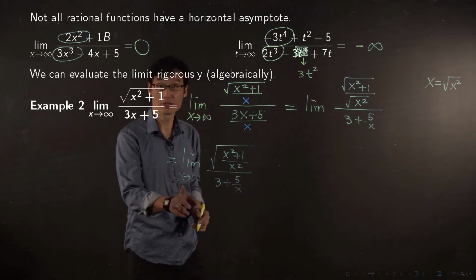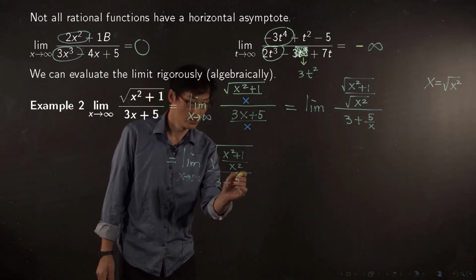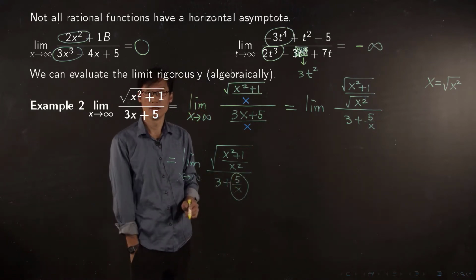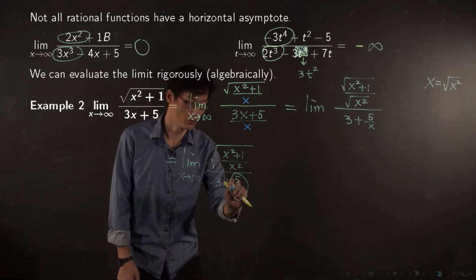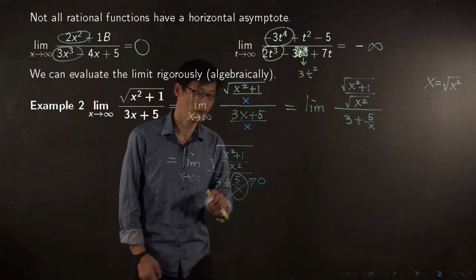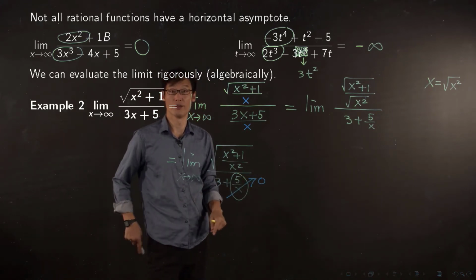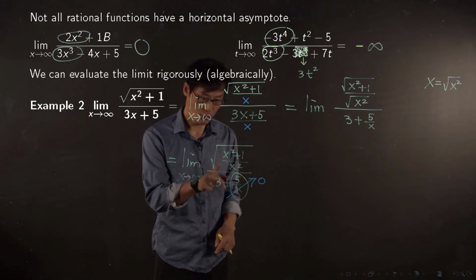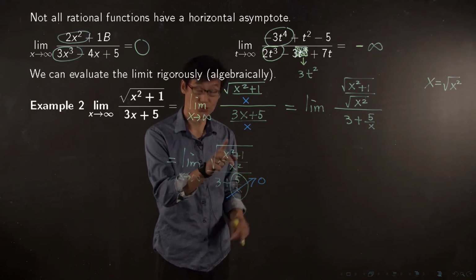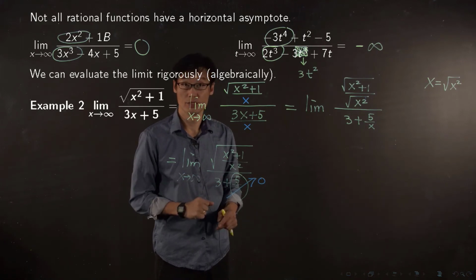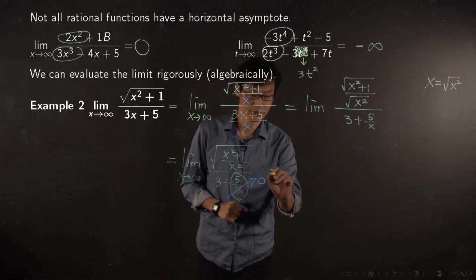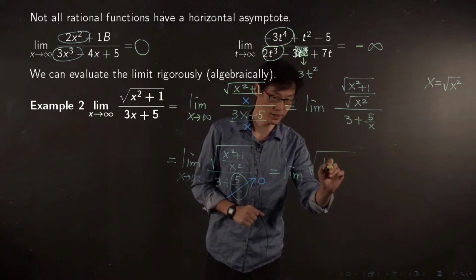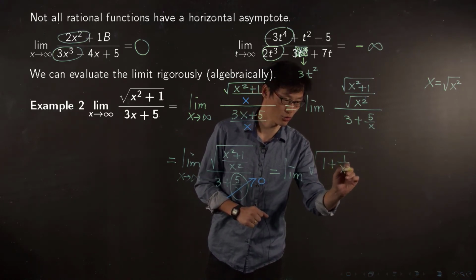Now that x tends to infinity, this 5 over x is going to be very small. Actually, this will be gone. And similarly, you want to rewrite to find the limit of this numerator. Inside the radical, we have 1 plus 1 over x squared.